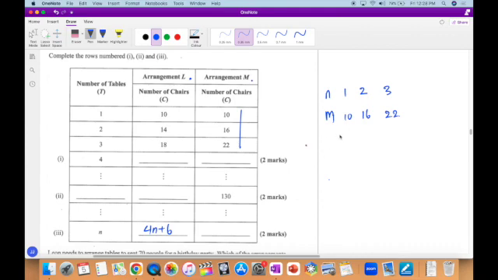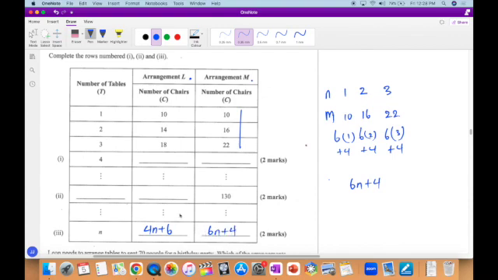Let's try the 4 again. 4 times 1 is 4 plus 6 is 10. 4 twos are 8. 8 plus 6 is not 14, no. So now let's try the other even number, let's try 6. 6 times 1 is 6 plus 4 is 10. 6 twos are 12. 12 plus 4 is indeed 16. 6 threes are 18 plus 4, so this one ends up being 6n plus 4.